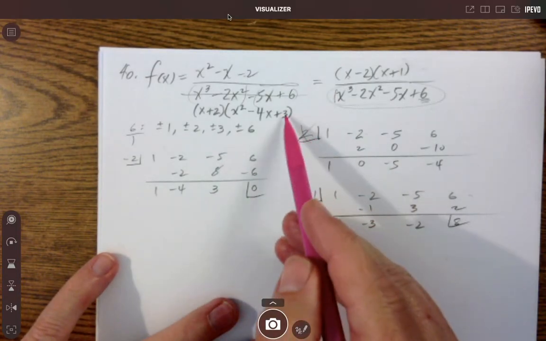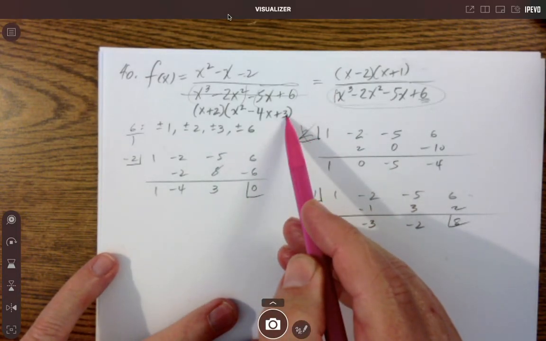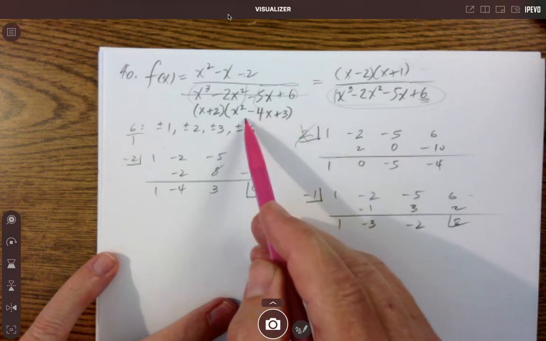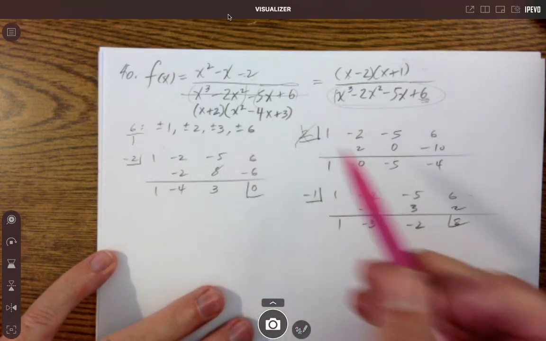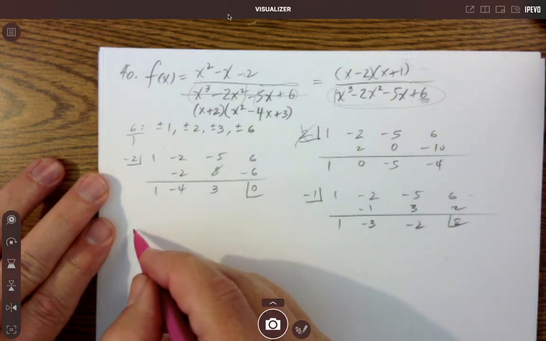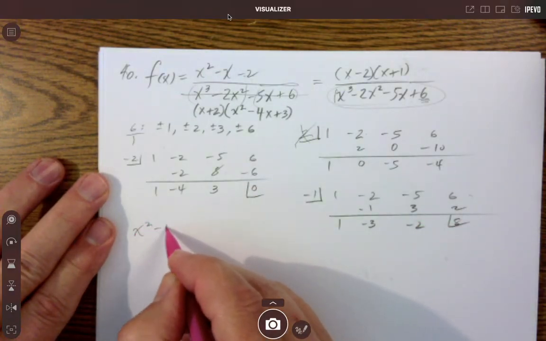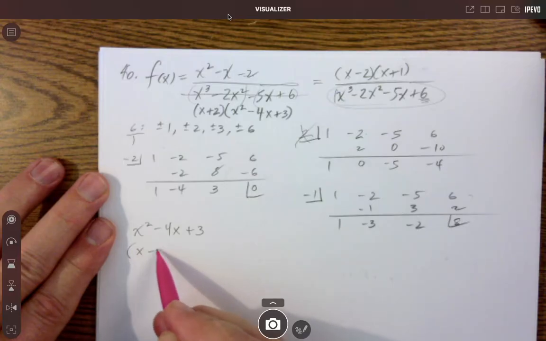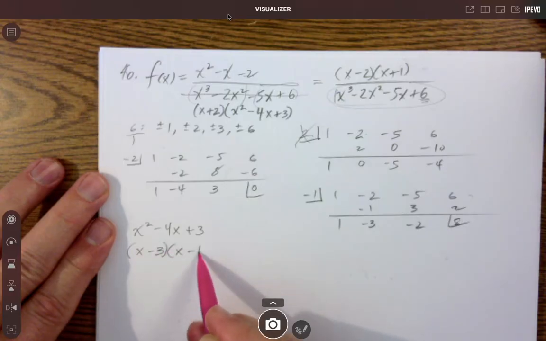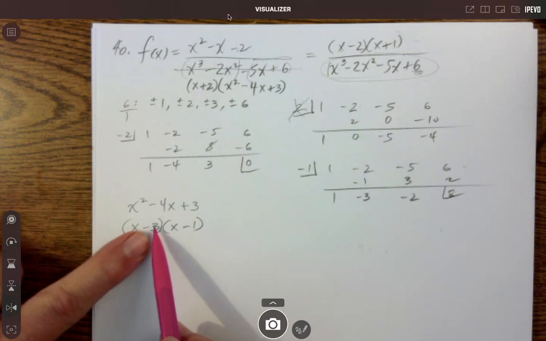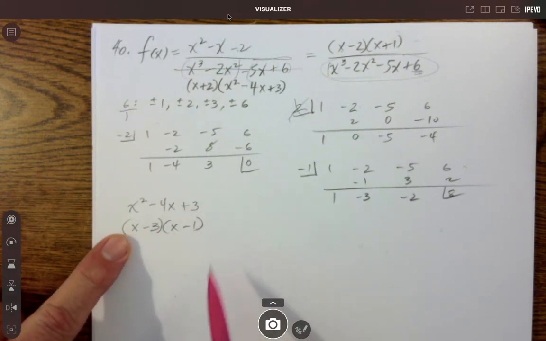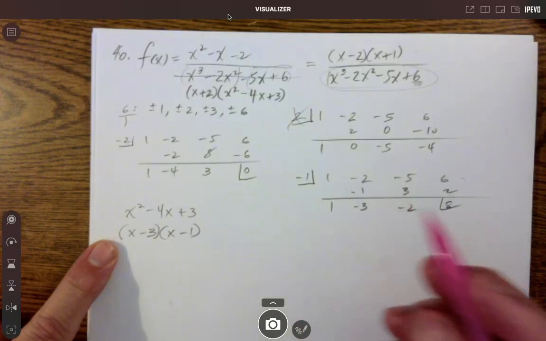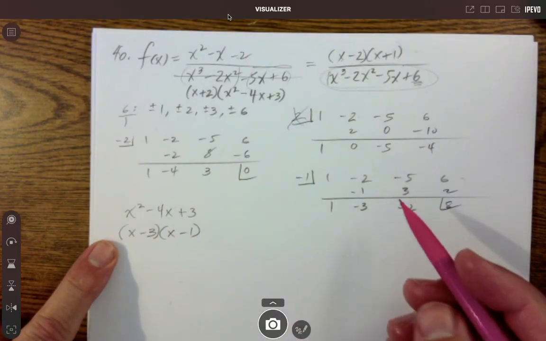And I think this will factor, because negative 3 and negative 1 should work. So x squared minus 4x plus 3 factors to x minus 3, x minus 1, right, because negative 3 times negative 1 is 3. So now I think I've got this thing completely factored.